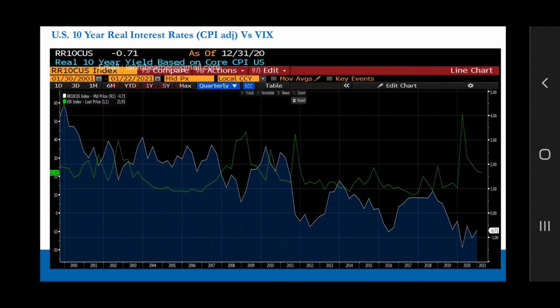Now let's look at the yield curve analysis, right? The price of a bond is inversely correlated to the yield, right? So if there's a demand for bonds increase and the yield falls. If there's supply, meaning there's more sellers than buyers, then the bond will decrease and the yield will rise.